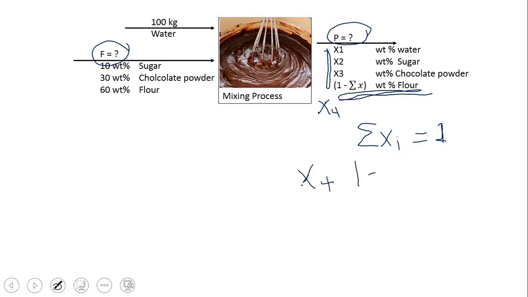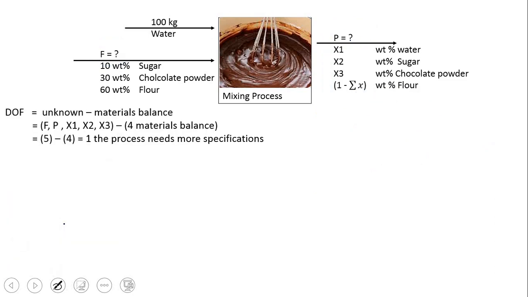So x4 is equal to 1 minus x1 minus x2 minus x3. So we can get x4, and we don't have to put it as an unknown.